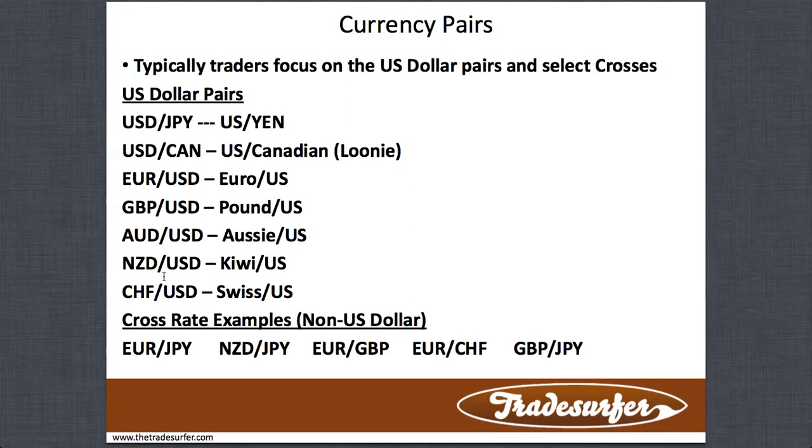Much like, let's say if you looked at a stock like Microsoft or Apple or Google, well, the price of that stock is going to go up or go down. With currency trading, essentially what you're doing is you're taking one currency, comparing it to another, and that's why we see here, for example, that first one, USD versus JPY, that's the US versus the yen. And so we're looking at the exchange rate.